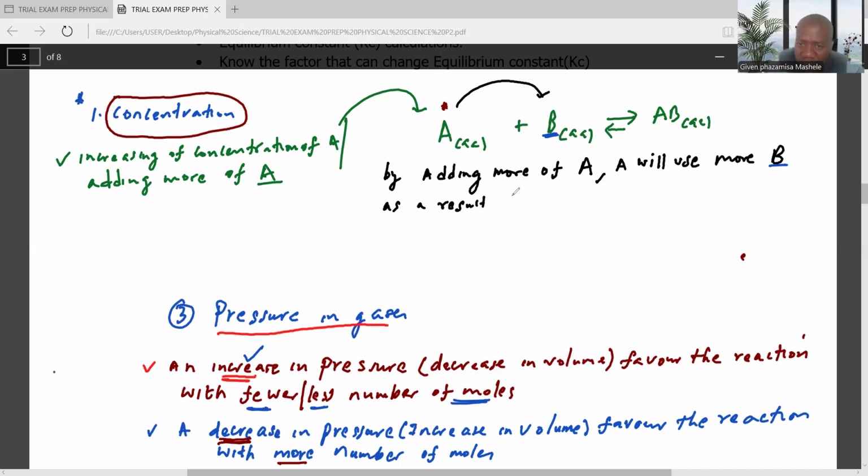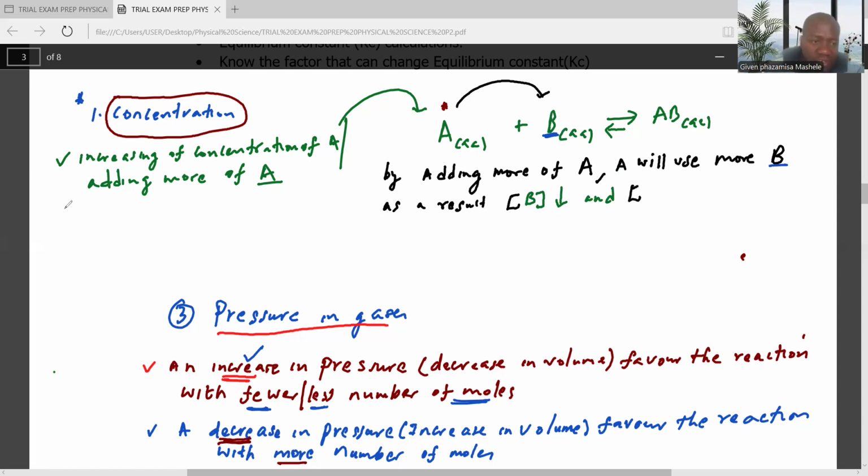The concentration of B will decrease. Just true. And also, the A we just added, because it's reacting with B, even its concentration will be reduced, will decrease too.